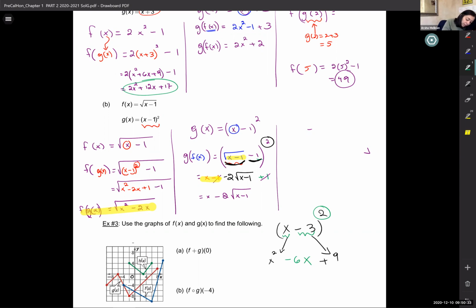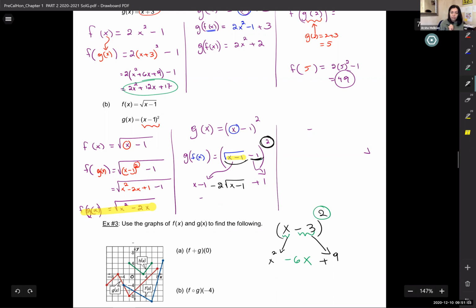So in this problem here, you square the first term, you get x minus 1. You square the last term, you get plus 1. And in the middle, you get 2 times negative 1, negative 2 times this, negative 2 times the root. Okay.